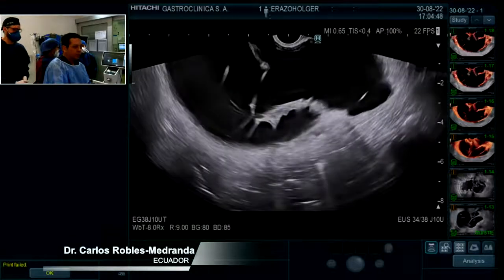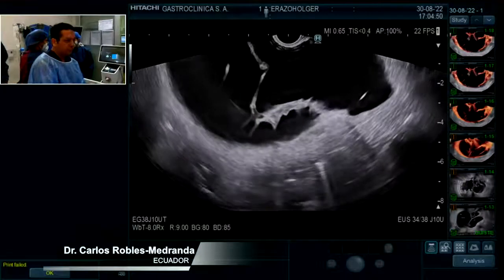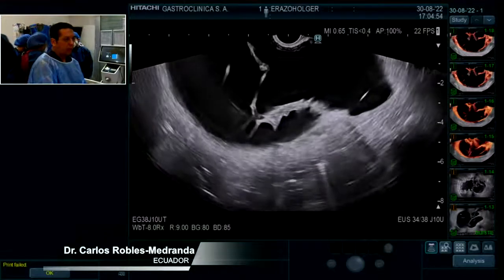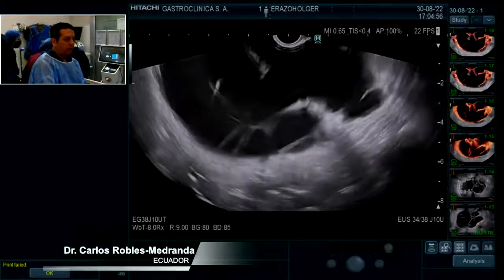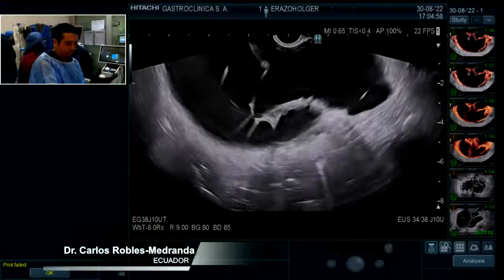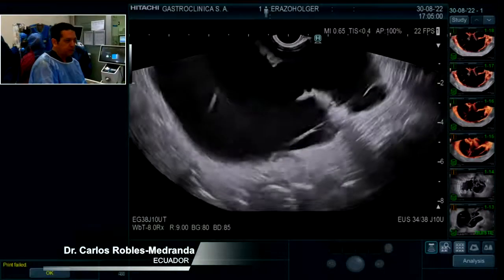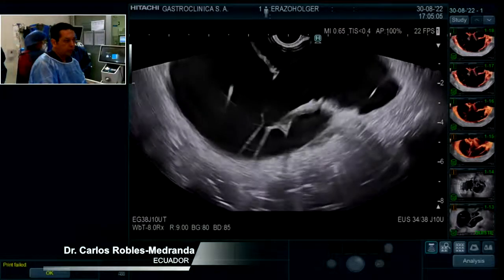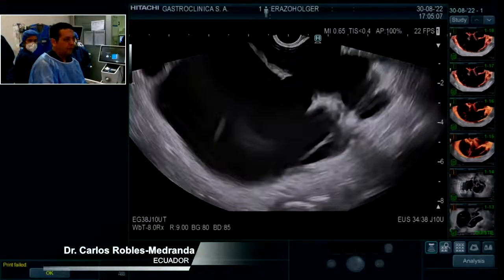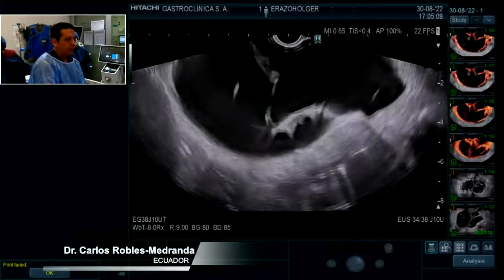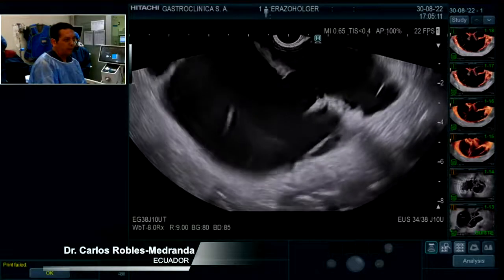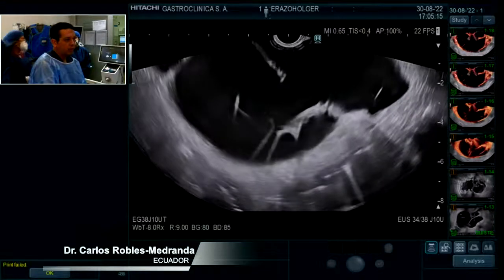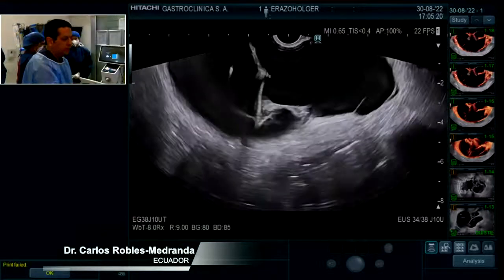This patient didn't have any pancreatitis, just this cystic lesion, and started to have some discomfort in the abdomen, in the epigastric area. So they sent him to us because of the cystic lesion.